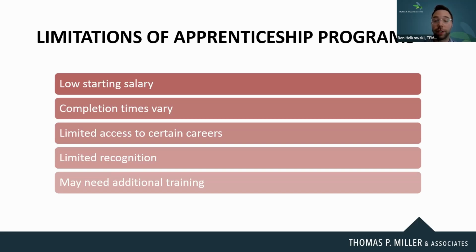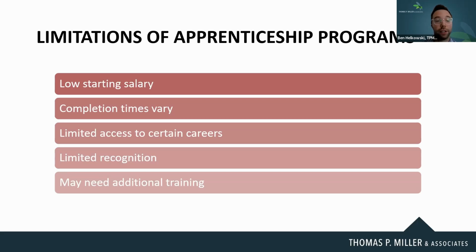Limited access to certain careers. To combat this limitation, we recommend the development of career pathways, which create opportunity for upward mobility, which we will talk about in later presentations. Limited recognition, which generally refers to limited recognition in the workplace. However, if you are an employer, you can overcome this by creating a culture that celebrates the apprentices that you have brought on and into your organization.